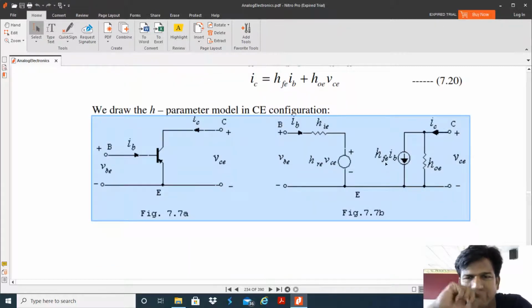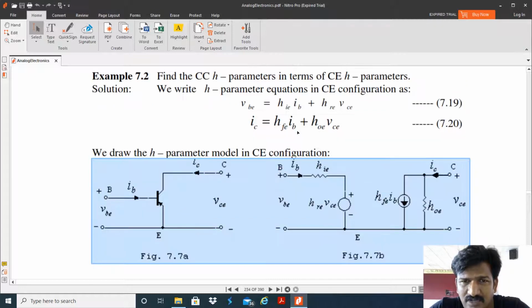For the CC configuration, the collector is connected to ground, so you have to connect it to ground. The base is going to have the input, and the output is taken from the emitter, so it is connected to the output terminal at E.